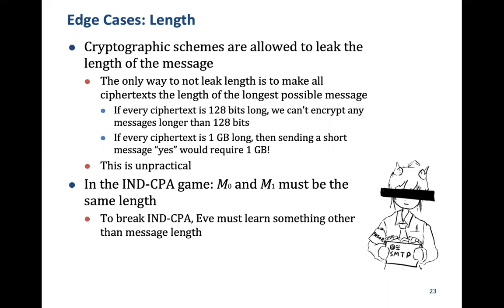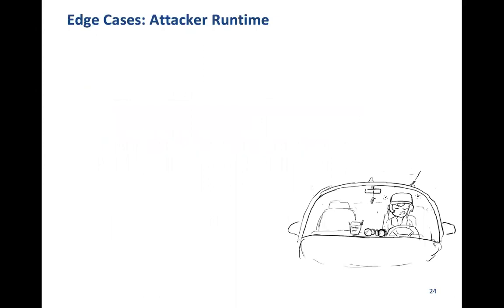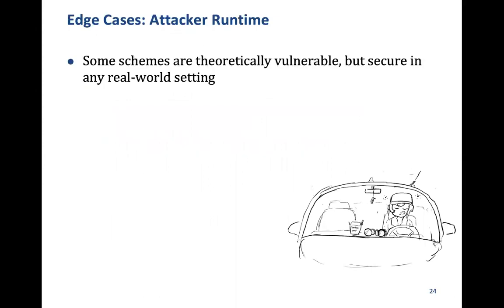Okay, message length is not really of importance, right? Even otherwise, if the length is published, Eve should not be able to find out anything more than the original message.